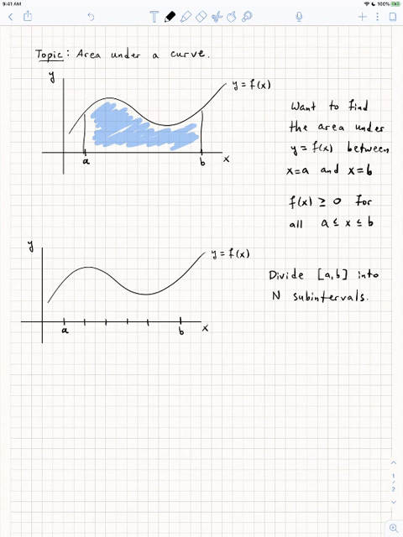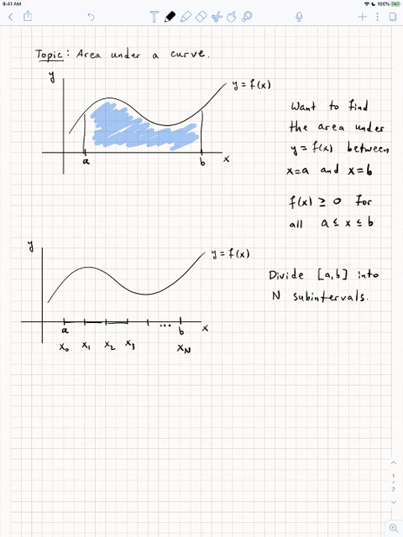I'm going to call the first x value, which is a, x0, and then x1, x2, x3, and so on until we get to x sub n right there. I'm specifying n intervals. I don't know what n is, but n is going to be any positive integer. And I want to construct some rectangles that have as base these line segments going from x0 to x1, x1 to x2, x2 to x3, and so on.